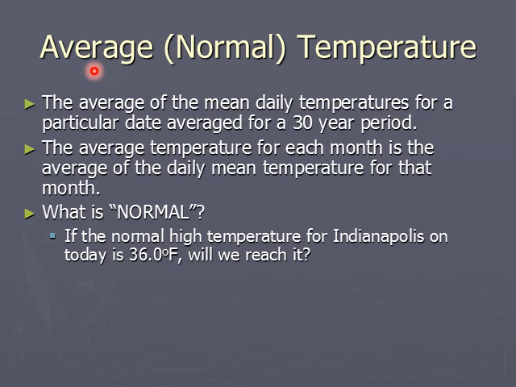Another way to record it is the average temperature: the average of the mean daily temperatures for a particular day averaged over 30 years. The average temperature for each month is the average of the daily mean temperatures of the month. Okay, so you got that?